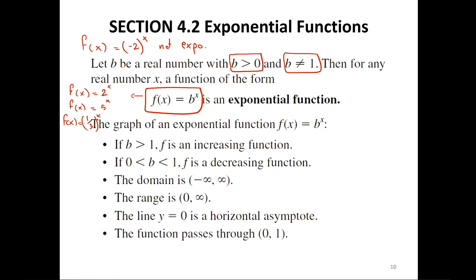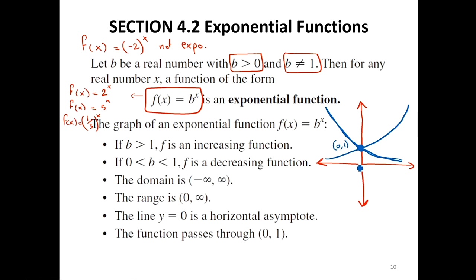Any exponential function is either increasing or decreasing. This one increasing and this one decreasing. Both increasing or decreasing, any exponential function must pass through the point 0, 1.